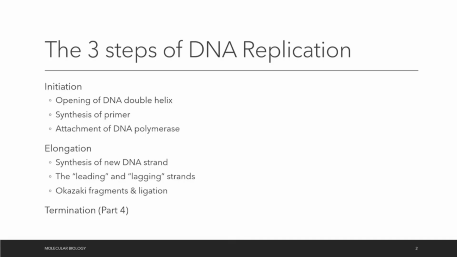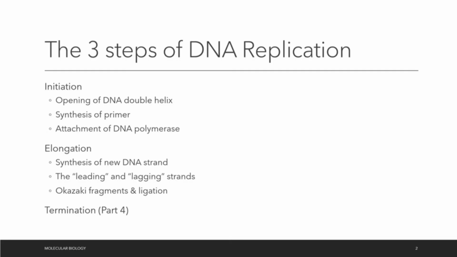During the initiation phase, the DNA double helix is opened up to expose the bases, and there is also the synthesis of primers by primases, and the attachment of DNA polymerases onto the opened up DNA strands.